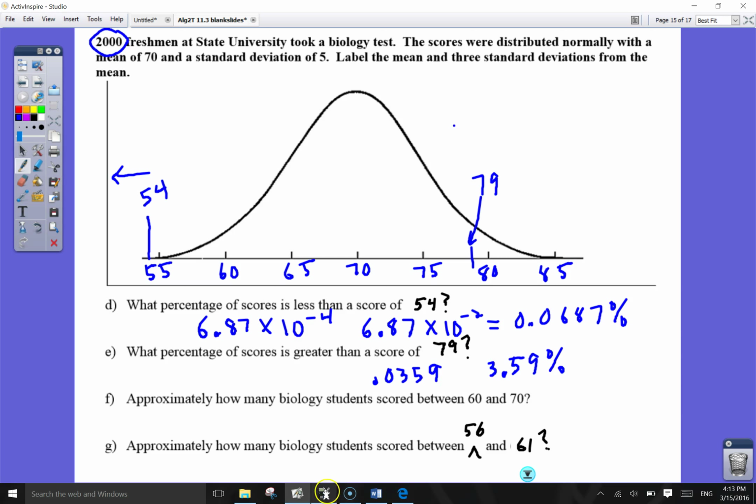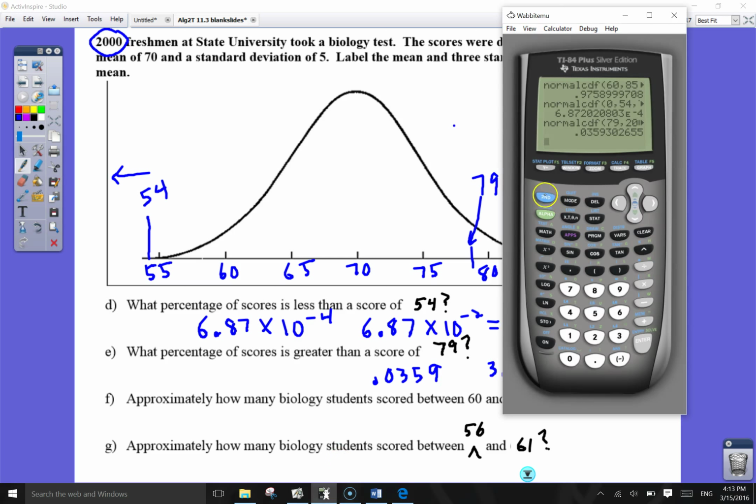Just bring up the calculator, second vars 2. Okay, between 60 and 70 means my lower bound is 60. My upper bound is 70. Same mean, same standard deviation. Right, there's the decimal percent, 0.477. Okay, we've seen that before.